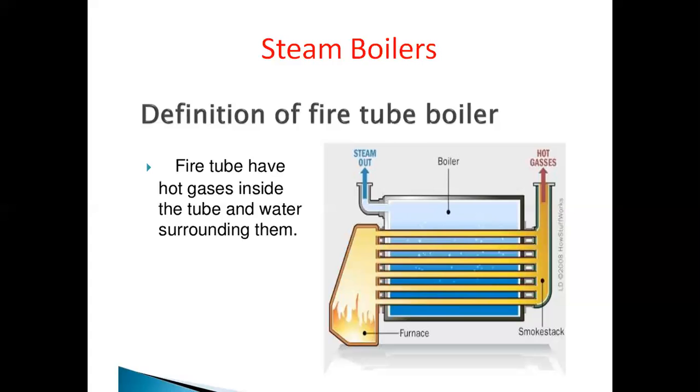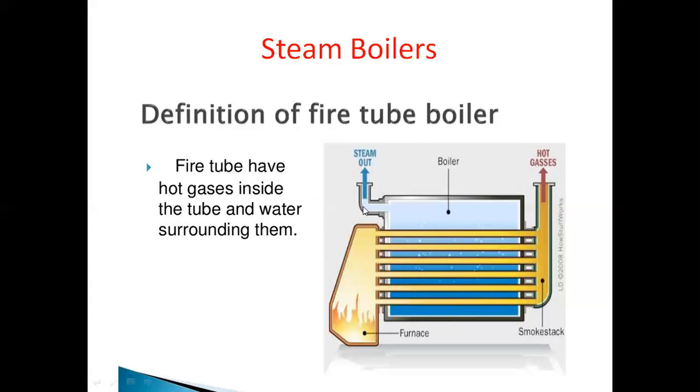Today we are going to discuss the fire tube boiler and water tube boiler, and the differences between them. First, the definition of a fire tube boiler. A fire tube boiler has the hot gases inside the tubes and water surrounding them.